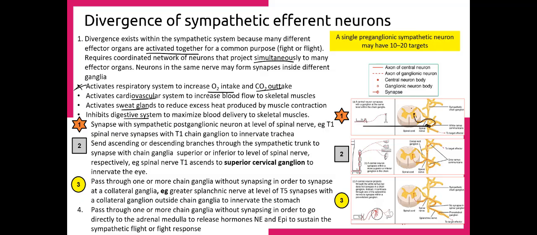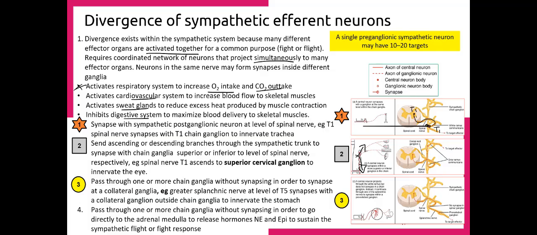So you've got one coming out at the T1 level, synapsing at the postganglionic neuron at the T1 level. Or it can actually send signals up or down that level that it comes in at.